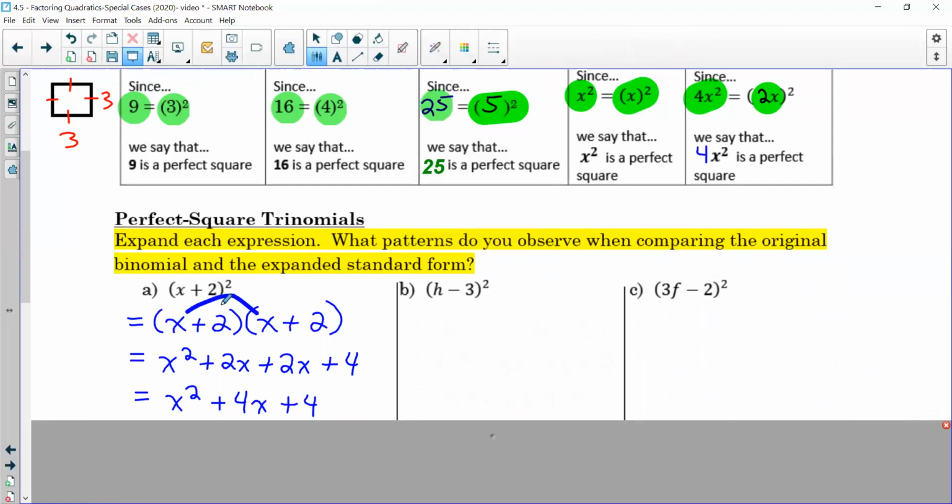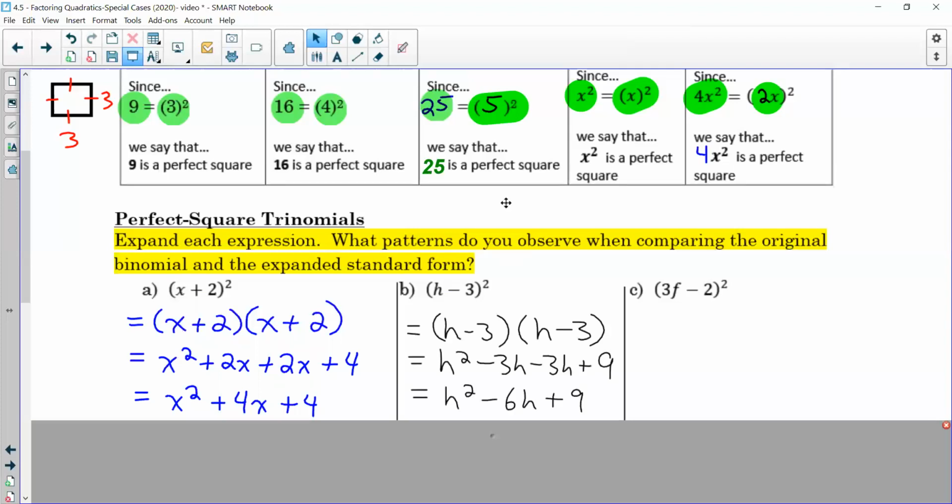So x times x, x times the 2, 2 times x, 2 times 2. And that's what this line produces, x squared plus 2x plus 2x plus 4, which simplifies to x squared plus 4x plus 4. Now, if I repeat the same pattern with the second one, again, there's the distributive property.